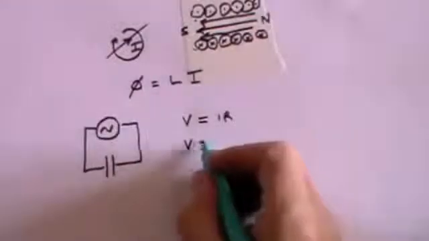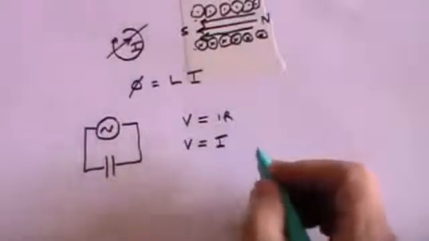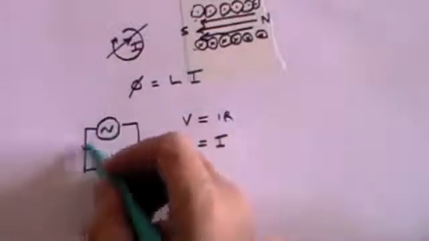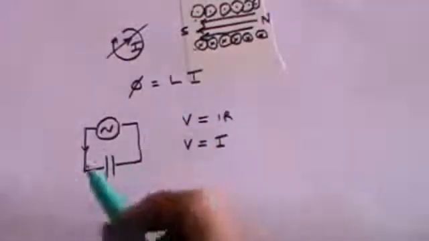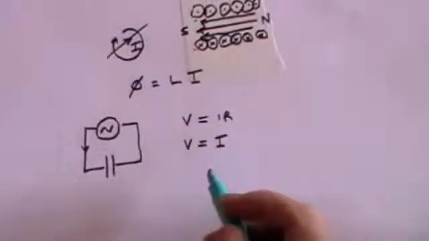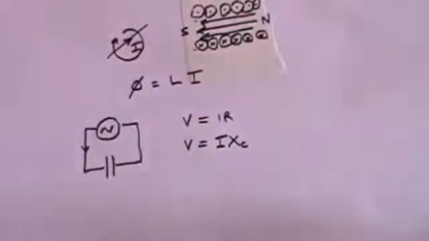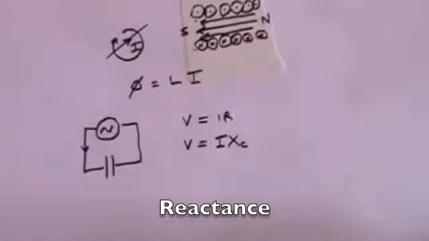What you find is that V is proportional to I, the voltage is proportional to the current flowing through the wire, and the, as it were, resistive effect, which we actually call the reactance, is given by XC.